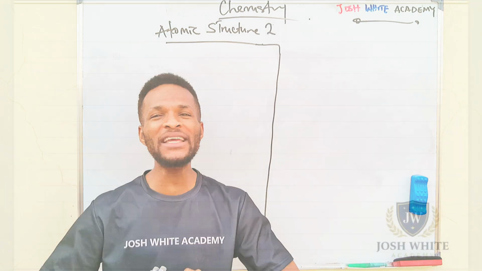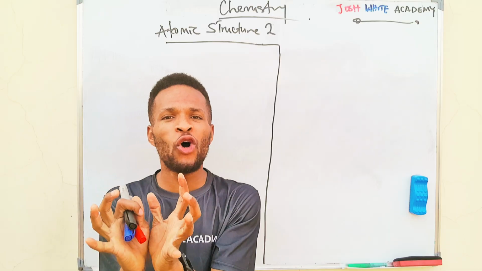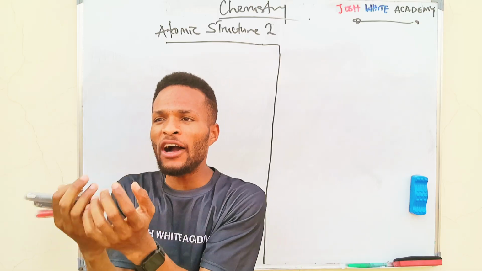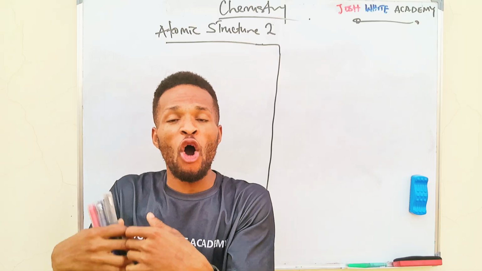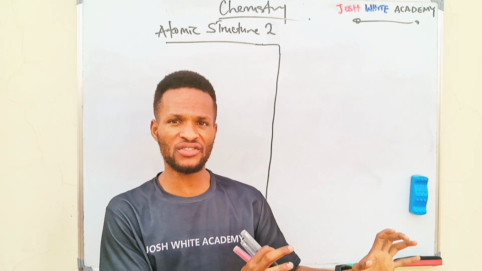Now, isotopy is a phenomenon whereby an element has atoms that bear the same atomic number but different mass number. And these atoms that experience this phenomenon are called isotopes.